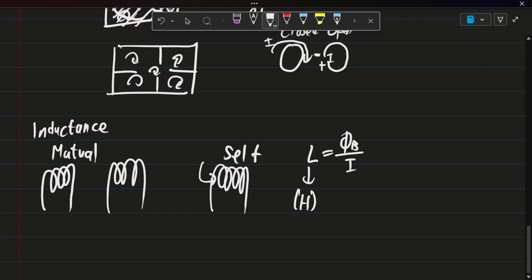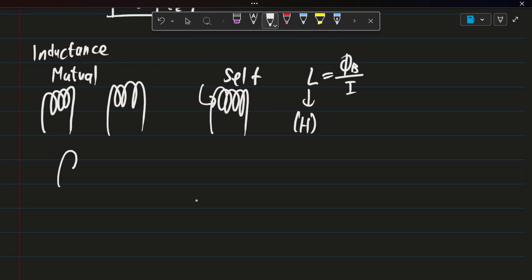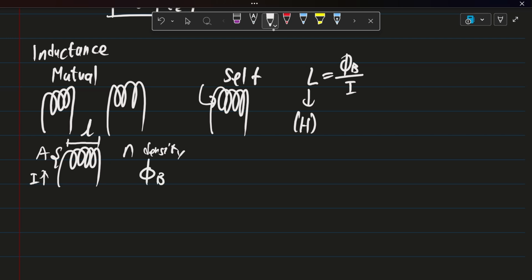So let's do a very simple example of an inductor. It's the same coil, and let's say you know the length, and you know the density of the loops, N. Let's say there's a cross-sectional area of A, and you're supplying current I. The way that we could solve for the self-inductance is by first determining the magnetic flux.